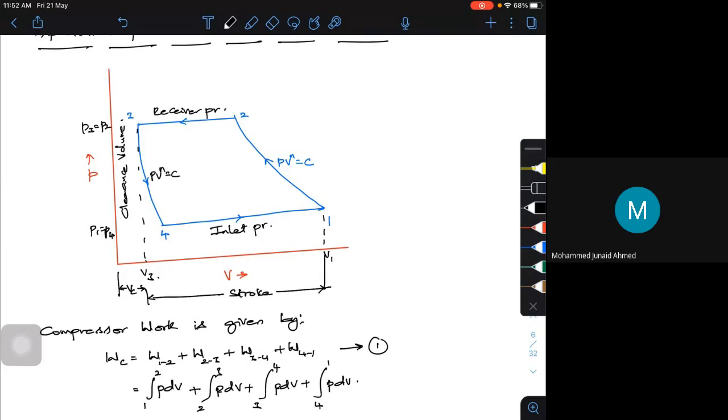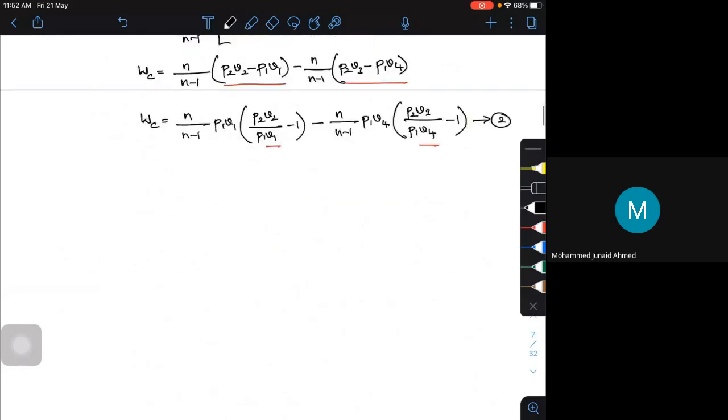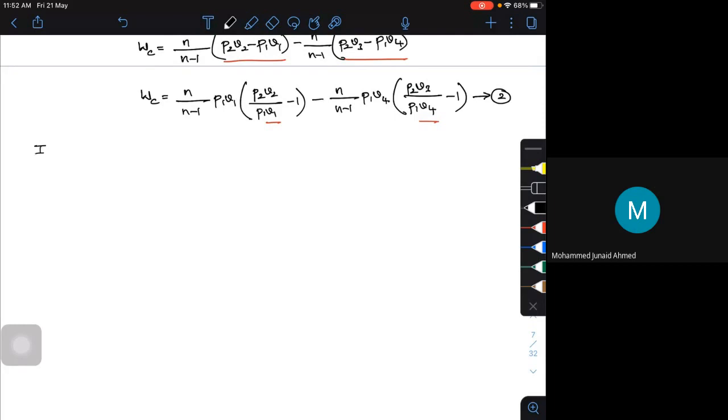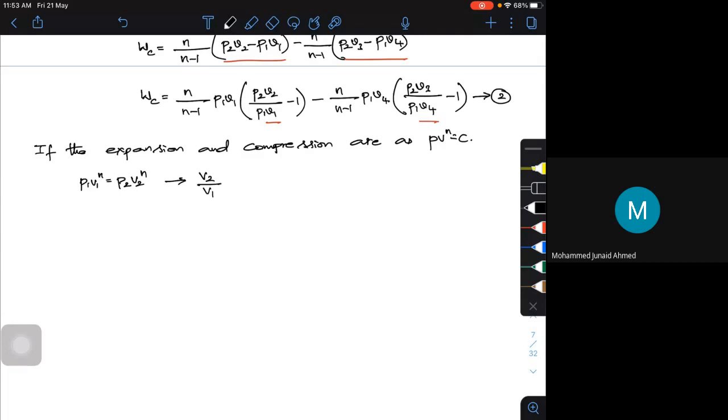If the expansion and compression are according to PV to the power of n is equal to constant, then I can write P1 V1 to the power of n is equal to P2 V2 to the power of n, or I can write V2 by V1 is equal to P1 by P2 whole to the power of 1 by n.